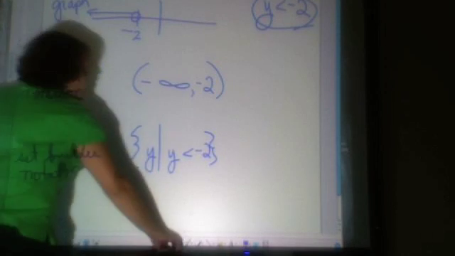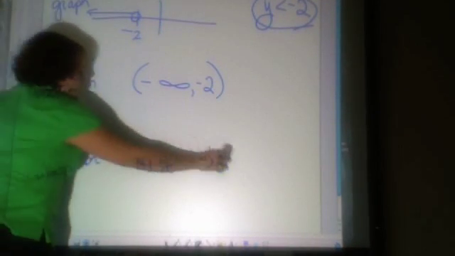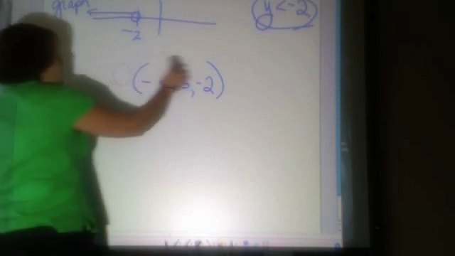Now let's do something real quick, using interval notation. I'm going to put a graph up here, and I want you to see if you can put it in interval notation. Quickly.